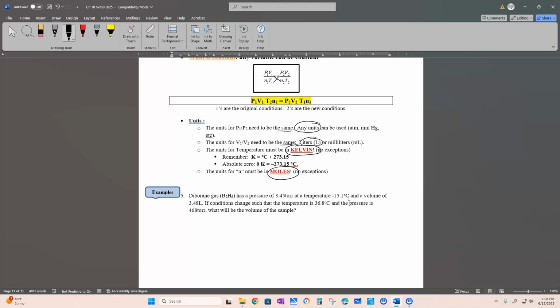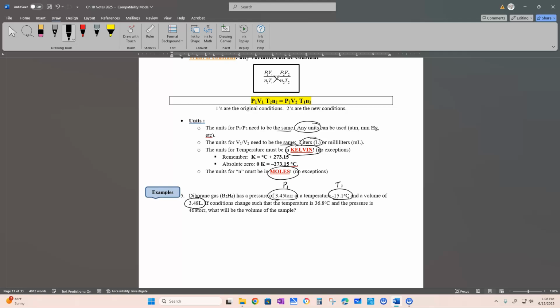With the combined gas law, it's very important to label everything that you see, the ones and the twos. So we have diborane gas, which is B2H6, and it has a pressure. So automatically I know this is my P1. And it has a temperature, which I'm going to have to convert, and a volume.